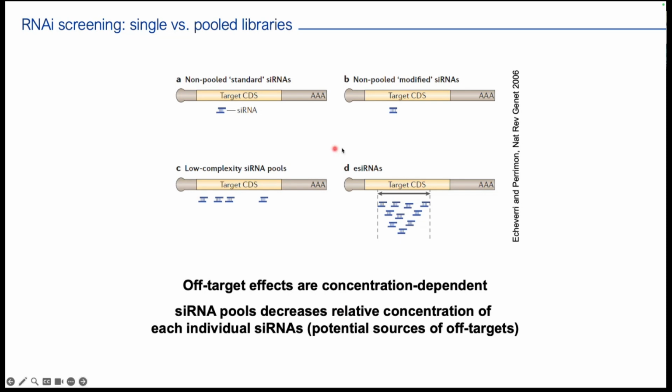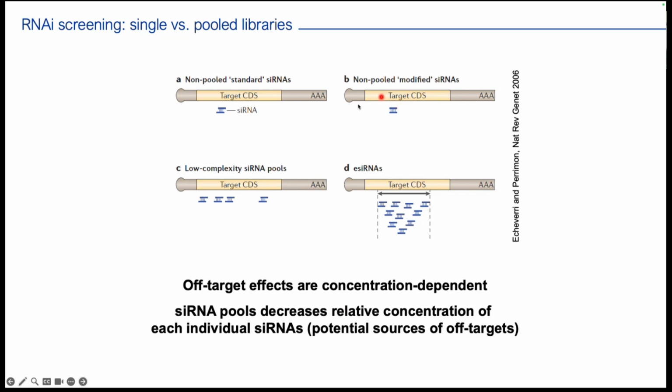And this can be taken to an extreme with the esiRNAs, where we have such a complex pool that every sequence is different from the other. Instead of 4 different sequences, we'll have 100 different sequences targeting the same gene. And here you can also dilute the off-targets. You can also do other things, that is, modify the sRNAs chemically to favor incorporation of the desired strand into the RISC.